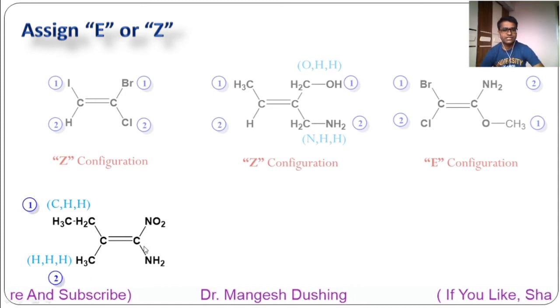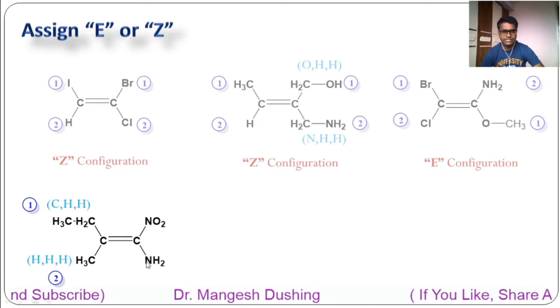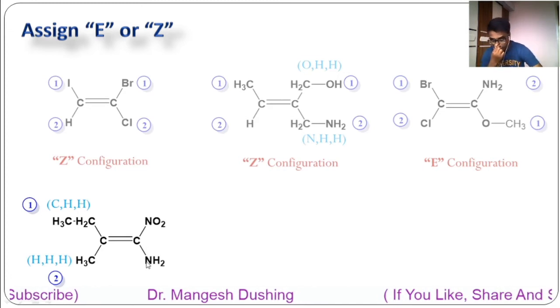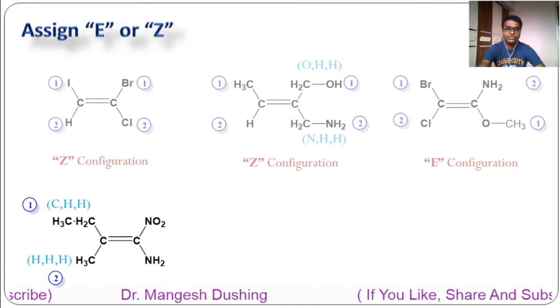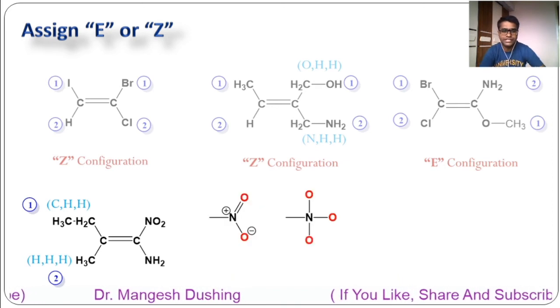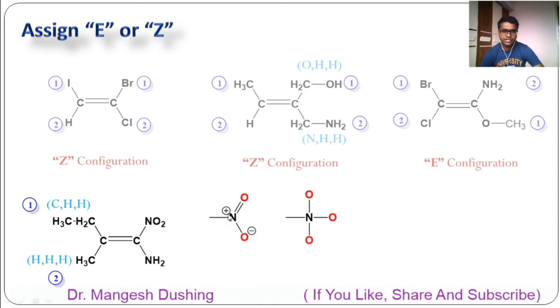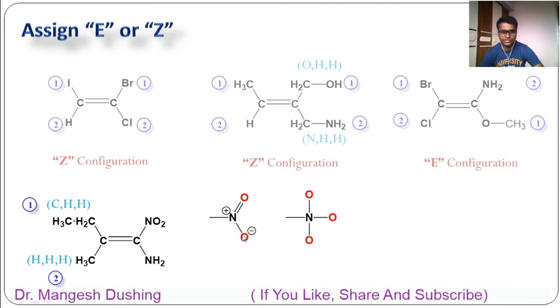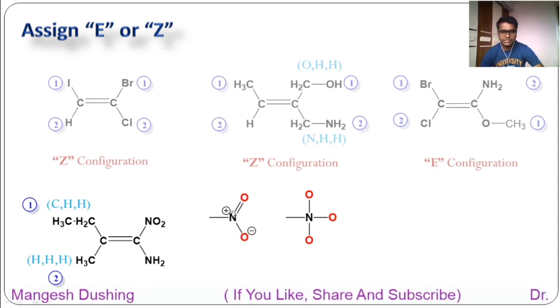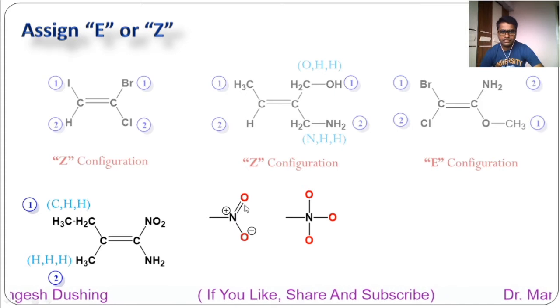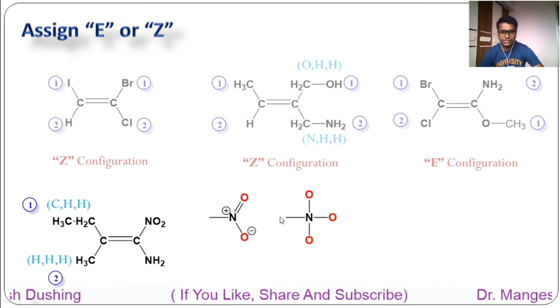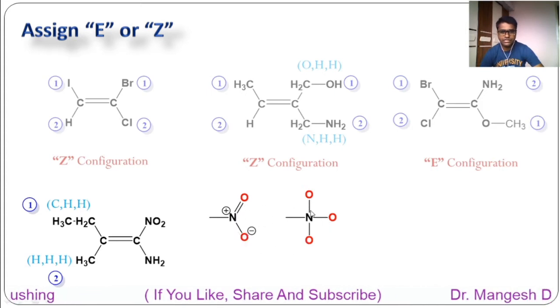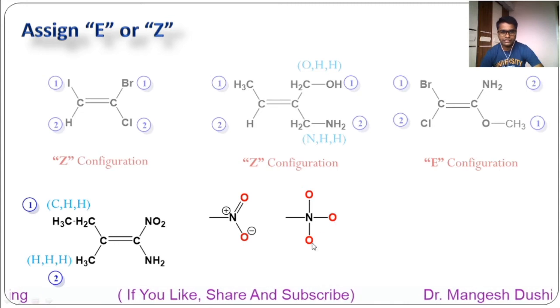In this case, first atom is nitrogen, first atom is nitrogen. Again, you should know the nitro functional group. This is actually what the nitro functional group looks like. Nitrogen is double bonded with oxygen and single bonded with oxygen. So the next 3 atoms attached to this nitrogen are: this is a double bond, so consider it as 2 oxygens, and this is a single bond, 1 oxygen. So oxygen, oxygen and oxygen.